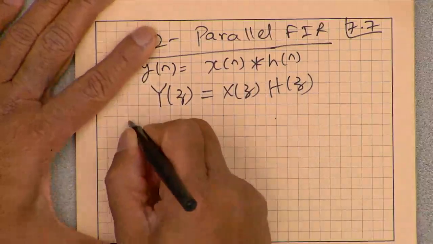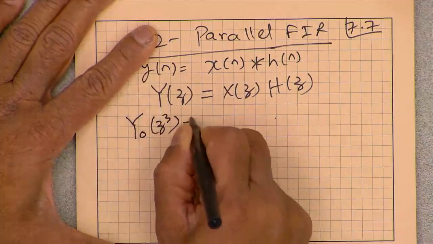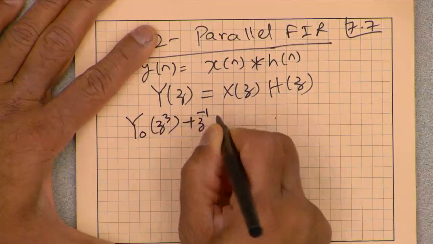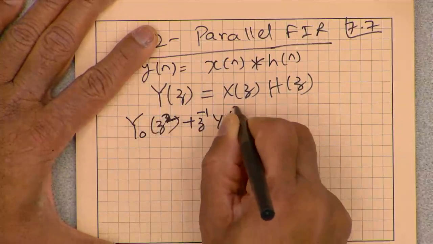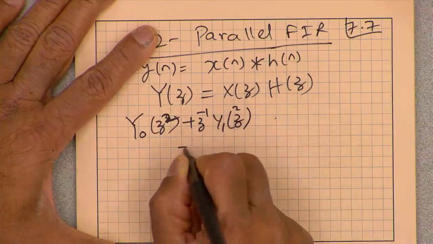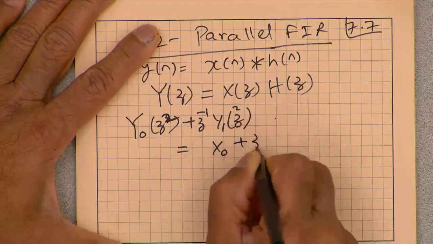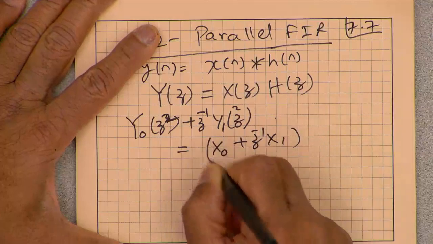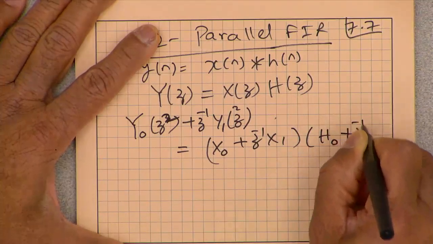So now we can write this as y0(z squared) plus z to power minus 1 y1(z squared), since I am using 2 parallel, is equal to x0 plus z to power minus 1 x1 times h0 plus z to power minus 1 h1.